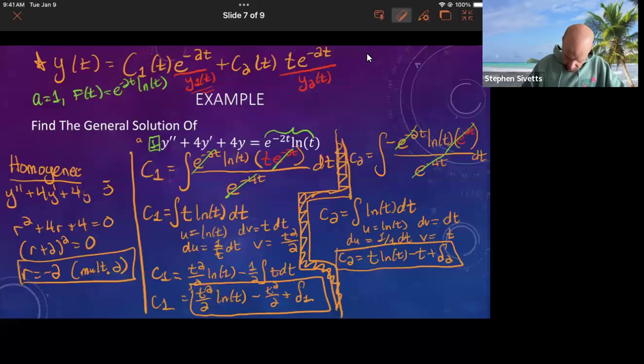And so we can actually write out the general solution for this homogeneous equation.